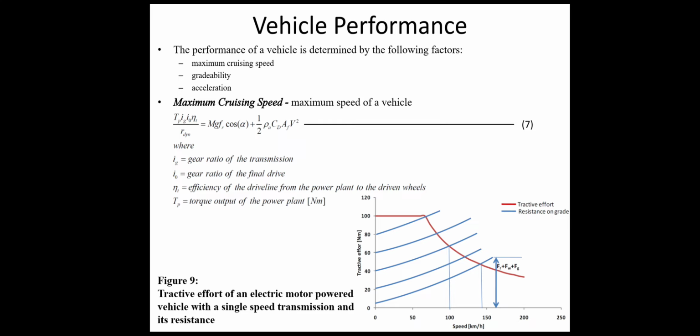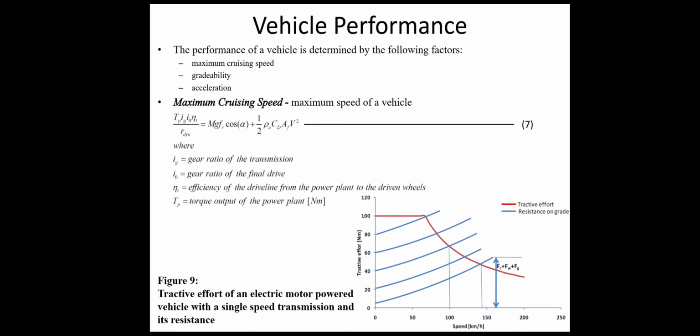This equilibrium we can show in the equation: TP into Ig into Io, eta T divided by R dynamic is equal to mg Fr cos alpha plus 1 upon 2 rho Cd A Af V square.